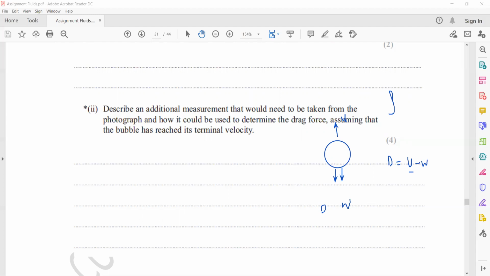Upthrust is equal to density, volume, and gravity. For volume, I need the size. Volume is 4 by 3 pi r cube. So I have to measure its diameter or the radius, and using the diameter I can work out its volume, and using the volume I can find the upthrust force.